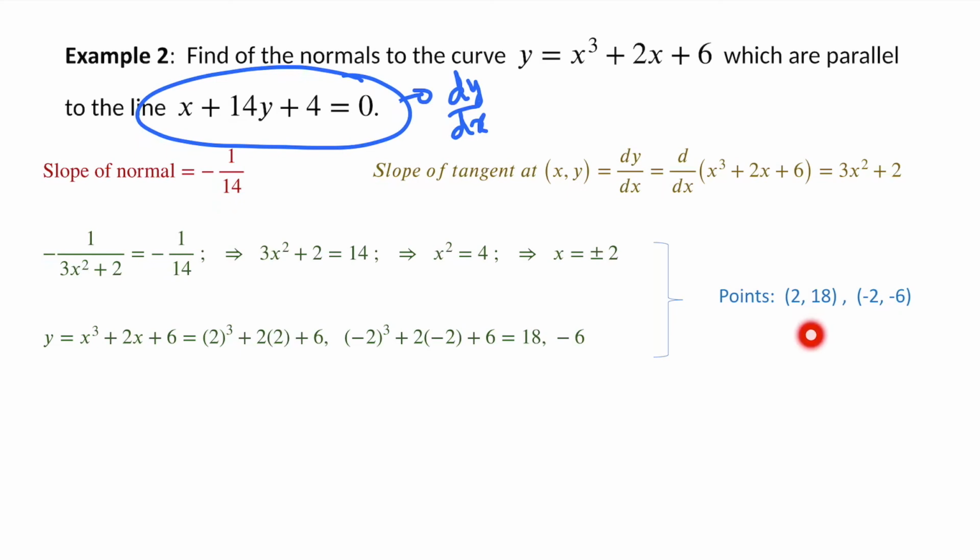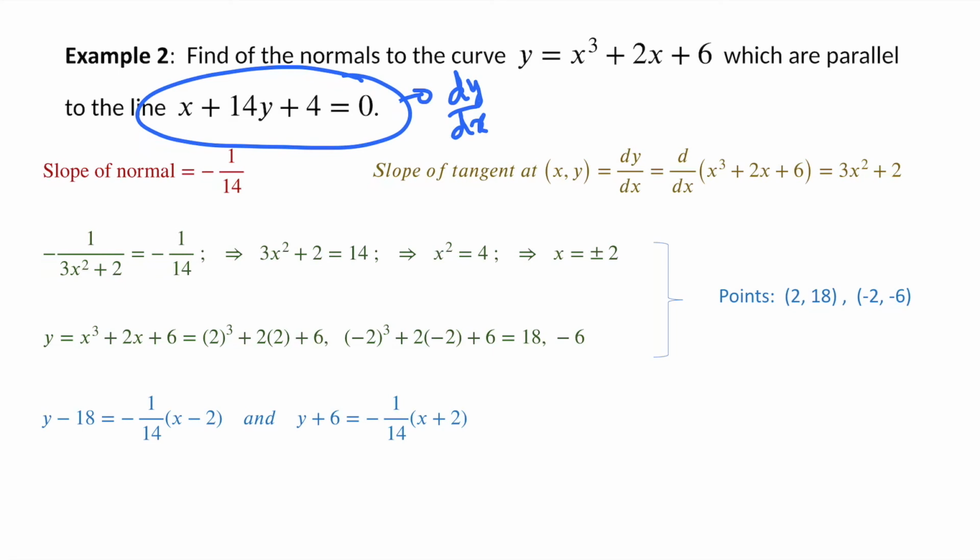Okay, and now the remaining task is pretty straightforward: at each of these points, whose coordinates we know, and the slope of the normal we know, we need to find the equation of the normal. For each of those points, we plug those pieces of information in the straight line equation to get two equations for the normal, right?